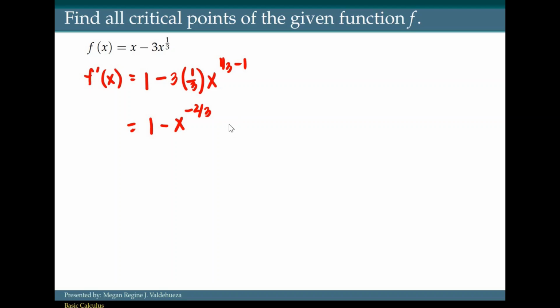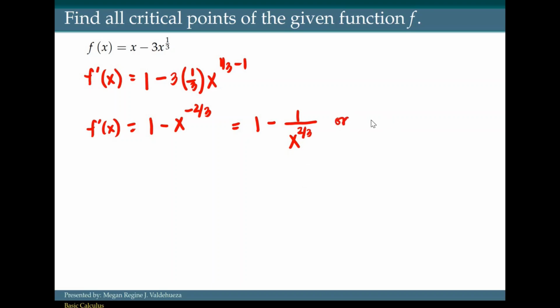So from the derivative of the function, we can also write this as 1 minus, since we have a negative exponent here, to make it positive, we will write this as 1 over x to the power of 2/3 to get a positive exponent.